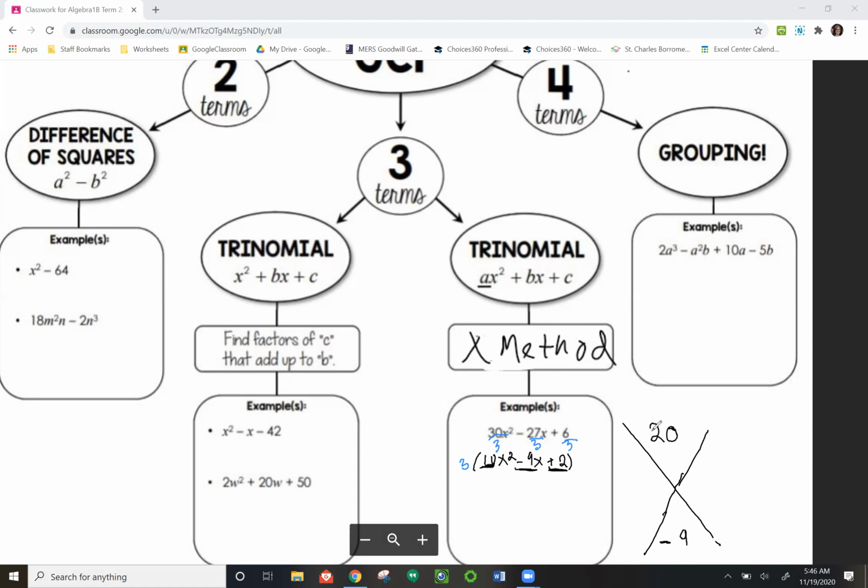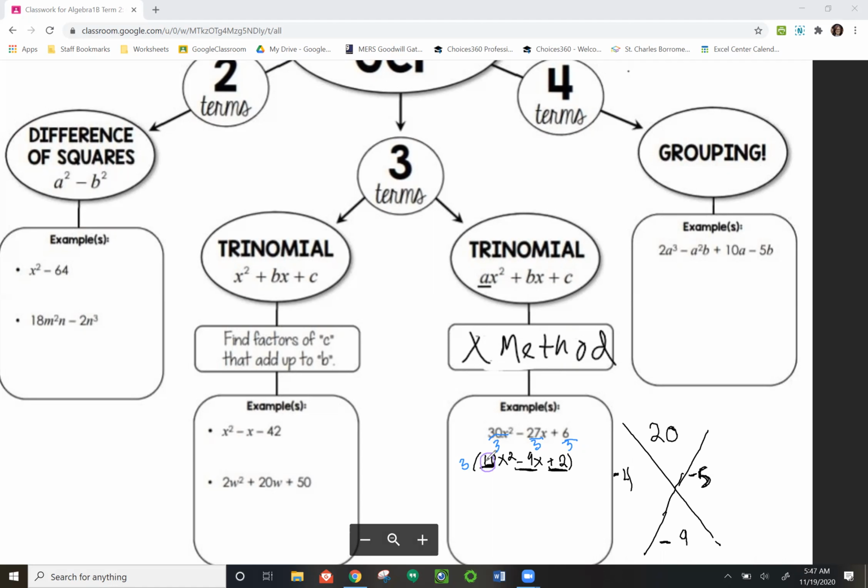Since I'm multiplying to get a positive number and adding to get a negative number, both of my numbers are going to be negative, and the two numbers that satisfy these are -5 and -4.